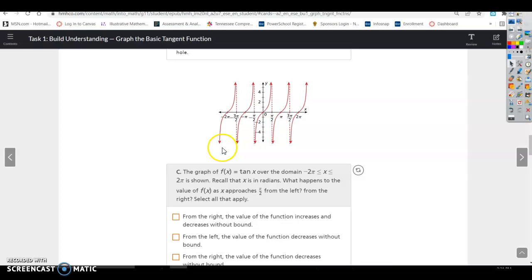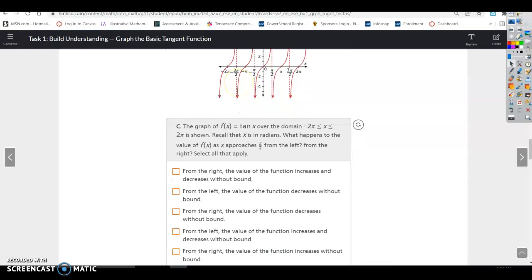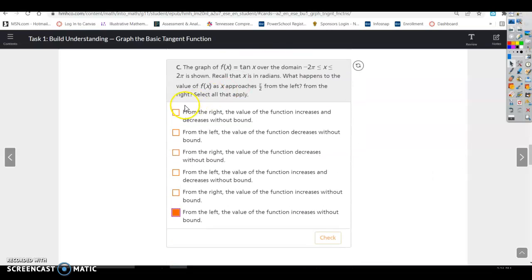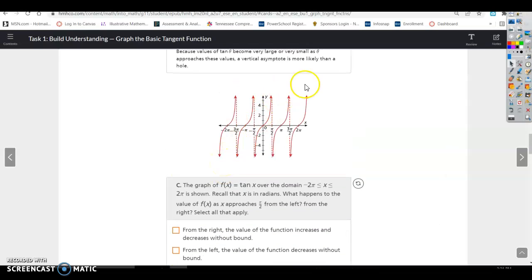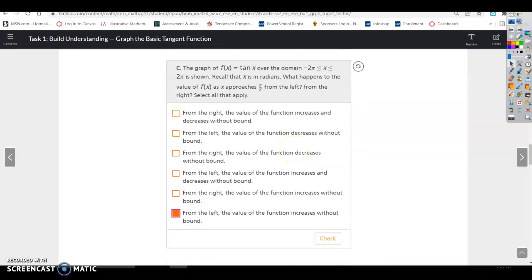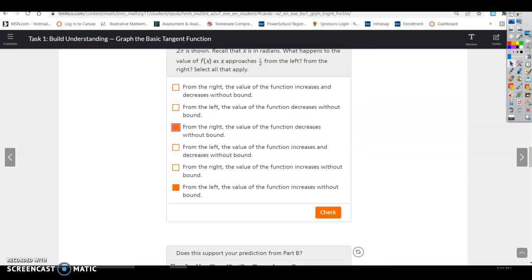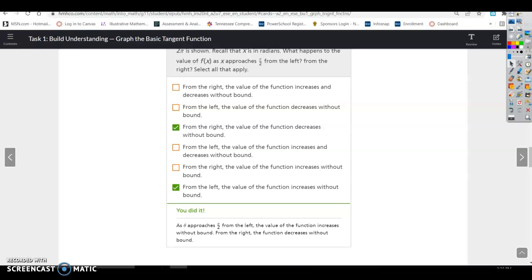So from the left, it does increase without bound. Okay, so if you talk about from the left, it goes up and it continues to go up, so it increases without bound. Okay, so if you go from the right, the value of the function decreases without bound. So if you start on the right side of the graph and you go down, it is going to go down without bound. So that one would be the first one and the last one.